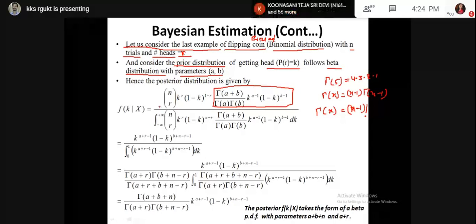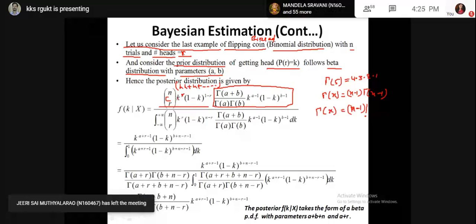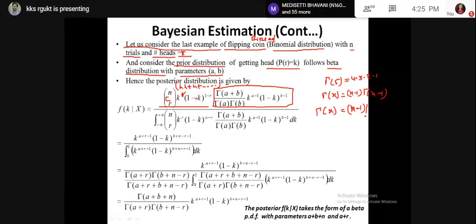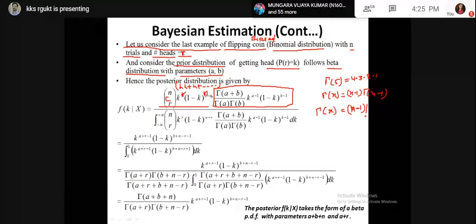So the likelihood function is a binomial distribution. nCr, k to the power r: head appeared r times, like head, tail, tail. So you have n number of outcomes. Head appeared r times, and 1 minus k, the probability of tail, appeared n minus r times.